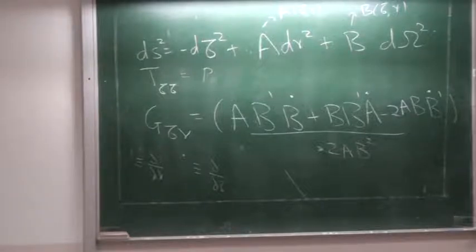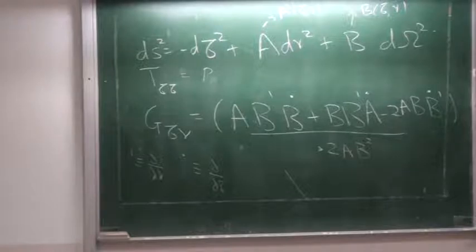So one solution to this is A equal to B prime, over some function, let me call it X of R.